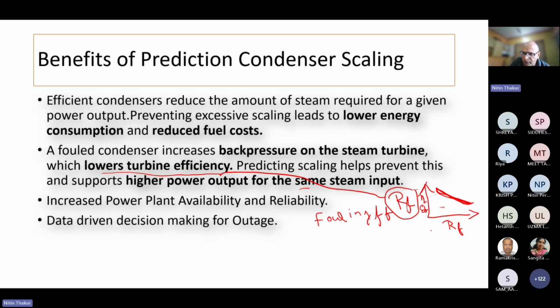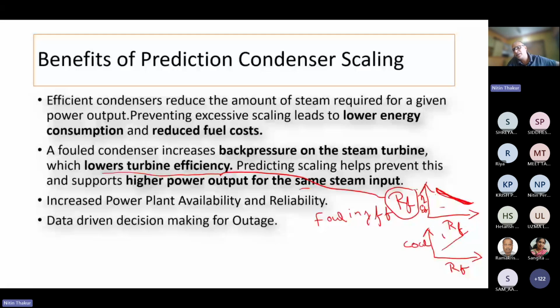Then after this data, we plotted another plot. As the condenser is getting scaled, we found that the coal consumption is increasing. Why?